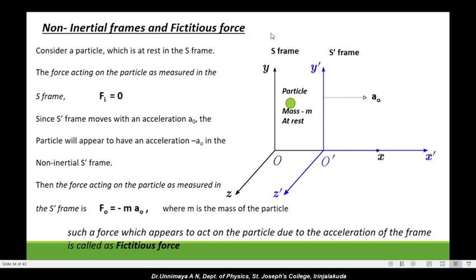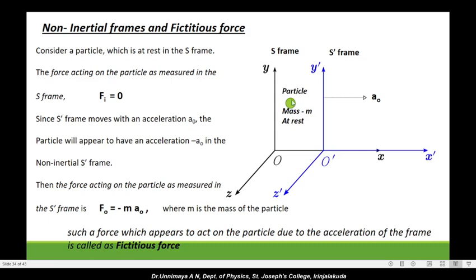Here we have the S frame, which is at rest, so it is an inertial frame, and the S prime frame, which is not moving with a uniform velocity but is accelerating with a particular acceleration a0. So the S prime frame is not an inertial frame. If it moved with constant velocity, then it would be an inertial frame. Here the S prime frame is accelerating, so it is a non-inertial frame.